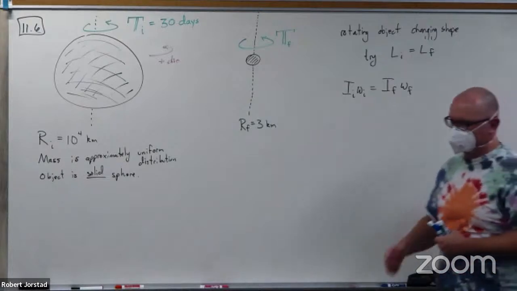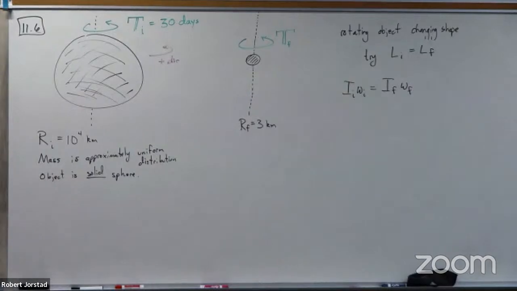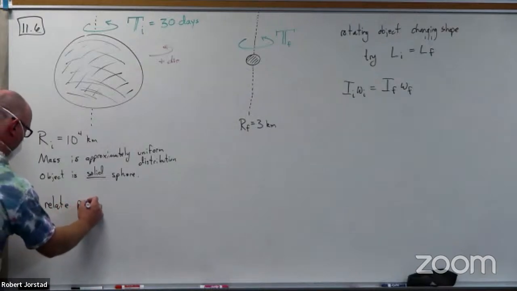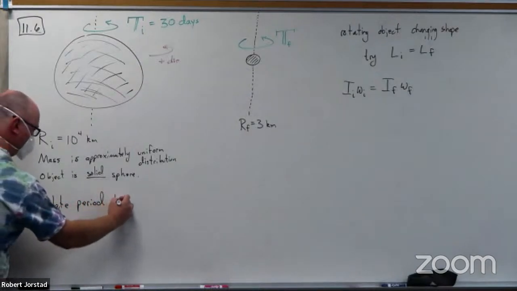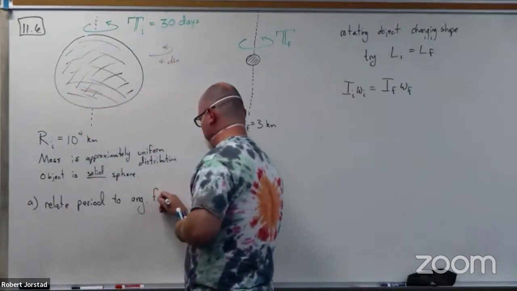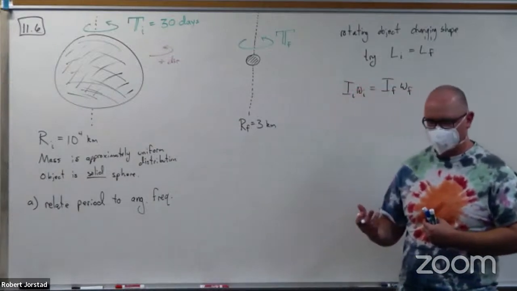And now I want to read the problem. Okay, part A asks us to relate period to angular frequency. And a lot of you probably don't know what angular frequency means.